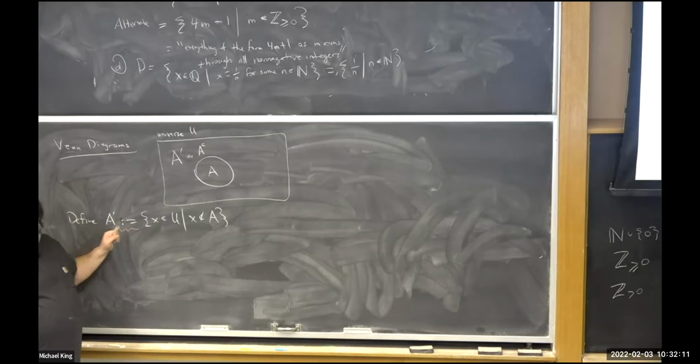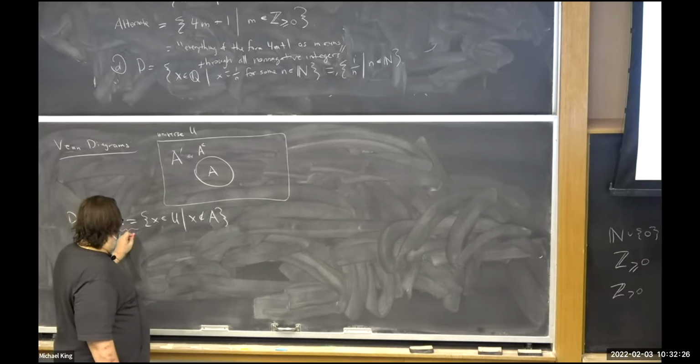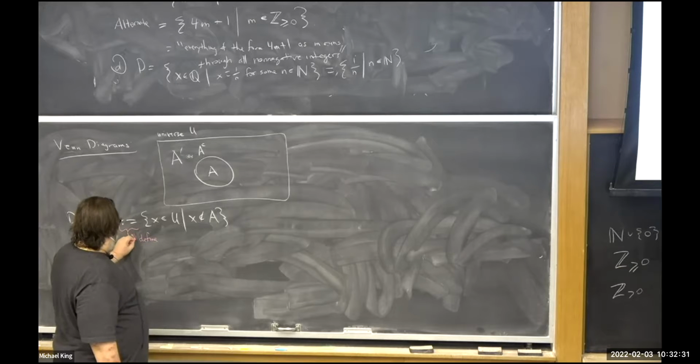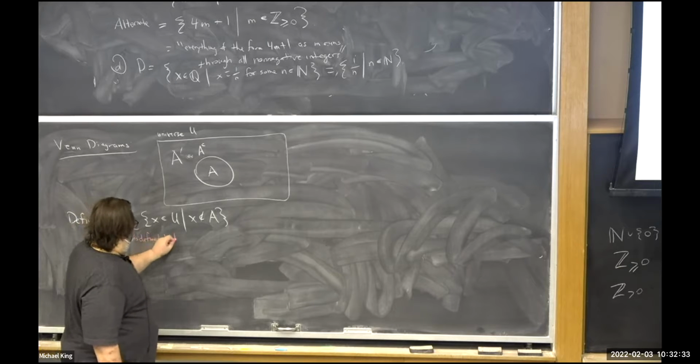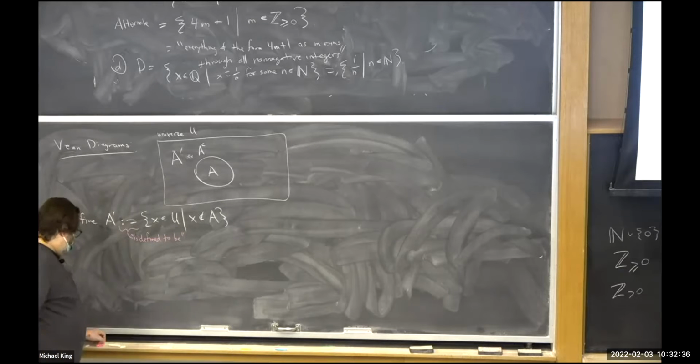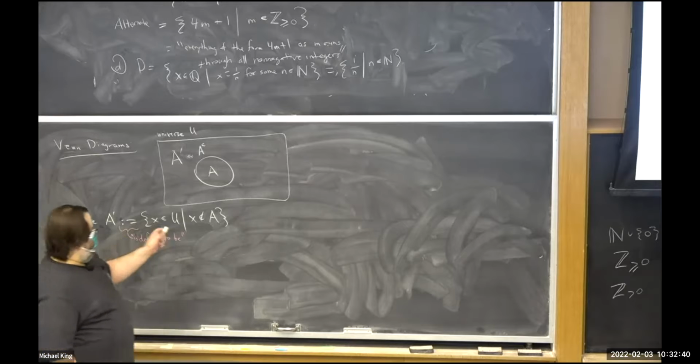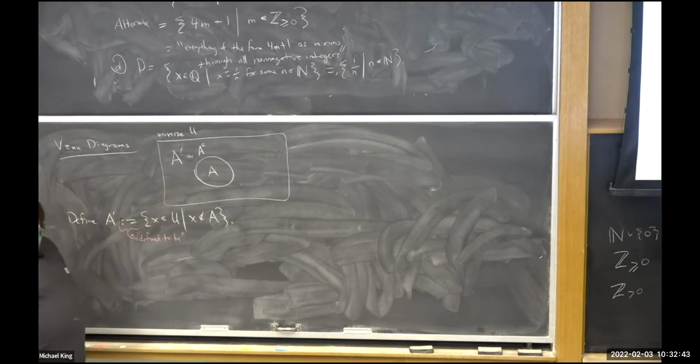Some equalities just mean, like, X equals 5, which is just an equality. But here, whenever I say A prime, what I really mean is this. So this is defined to be, the colon equal sign. Okay, so we define A prime as this. Does that make sense? Just everything outside of the set.